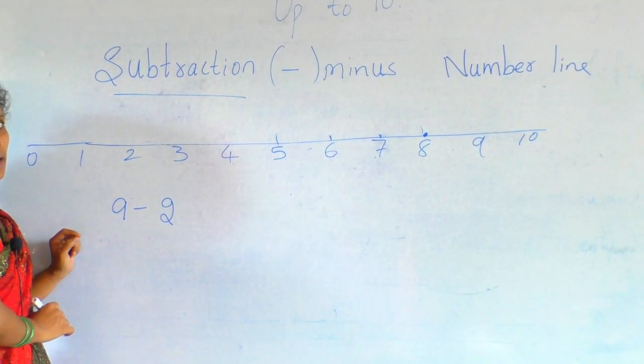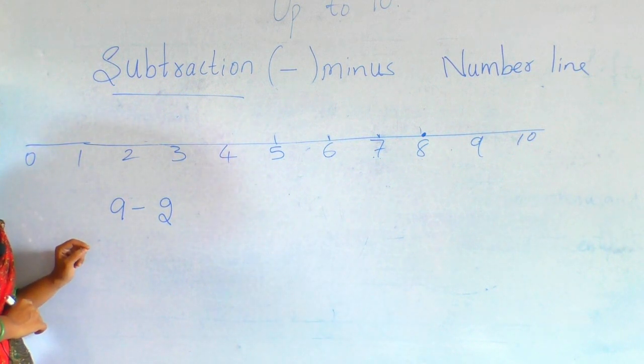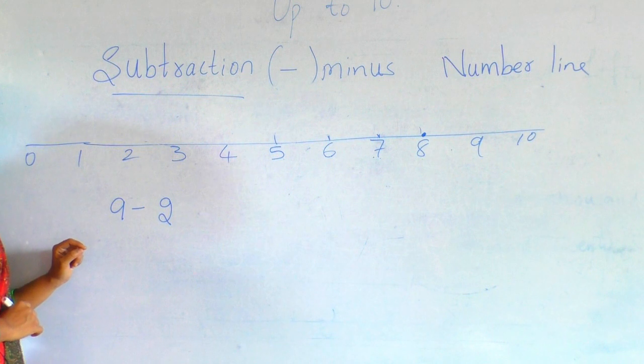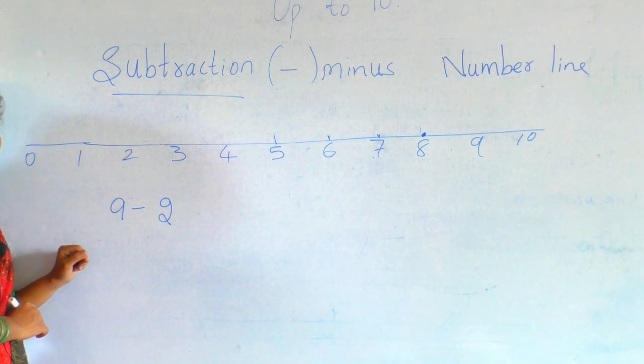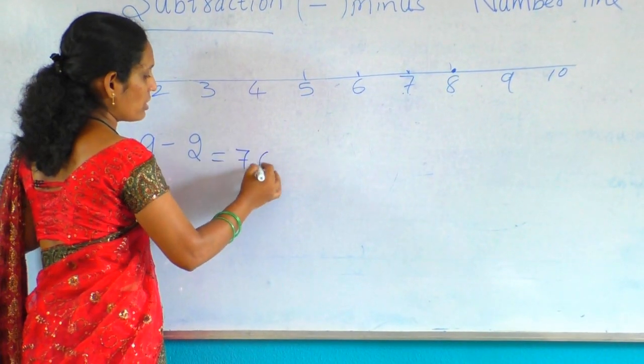Then how do you subtract? You have 9 chocolates with you. You ate 2 of them. Then how many remain? The answer is 7 chocolates.